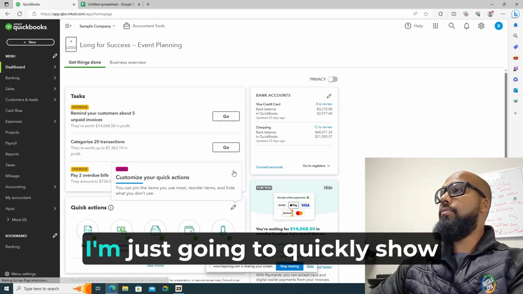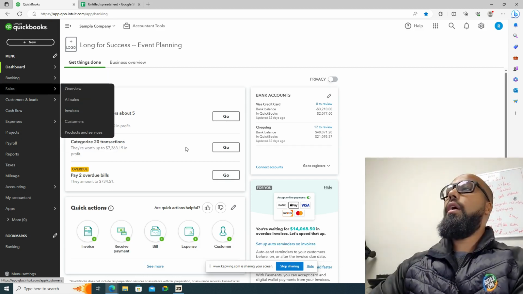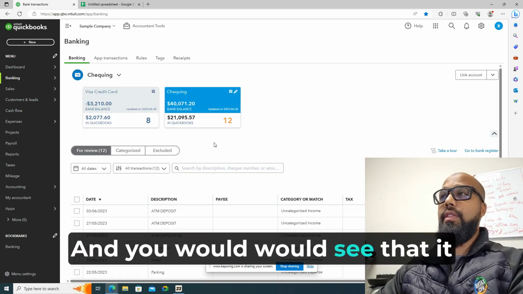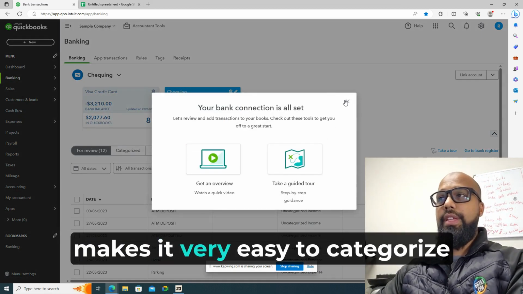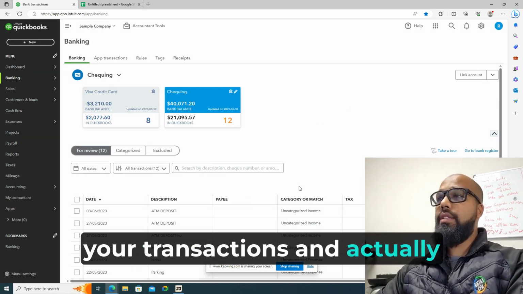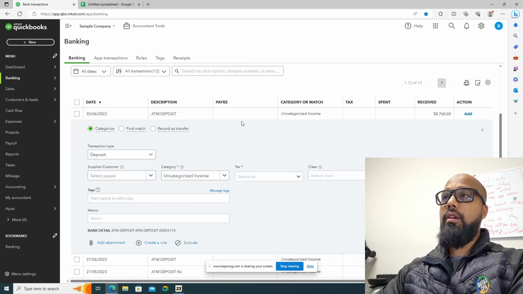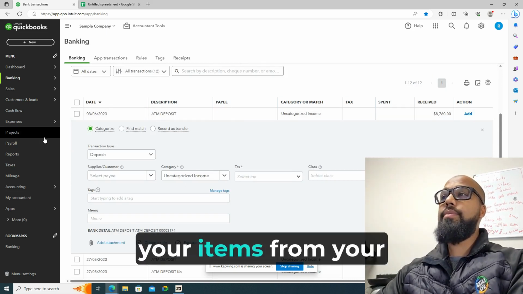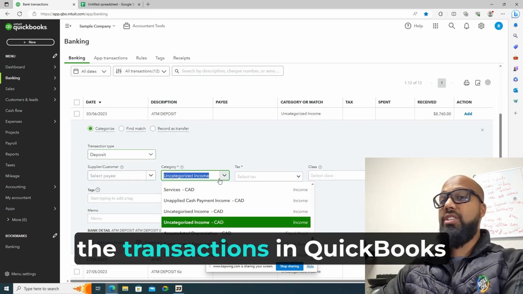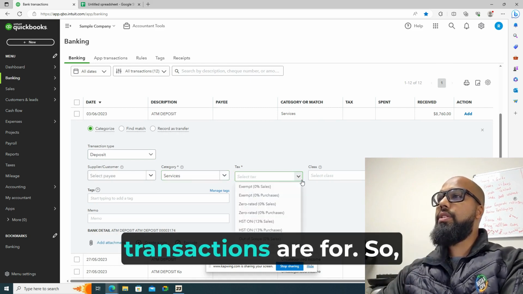Okay. I'm just going to quickly show you QuickBooks Online, and here's a sample company. You would see that it makes it very easy to categorize your transactions and actually get things done very quickly. As I mentioned, QuickBooks will download all your items from your bank account, and you will be able to see all the transactions in QuickBooks and tell it exactly what those transactions are for.